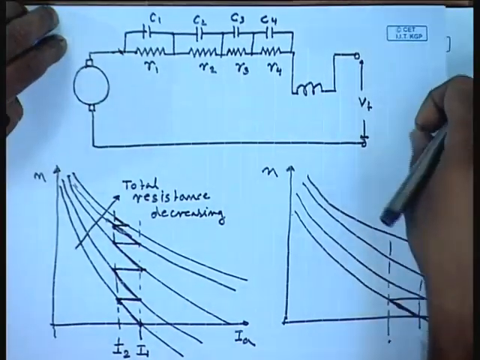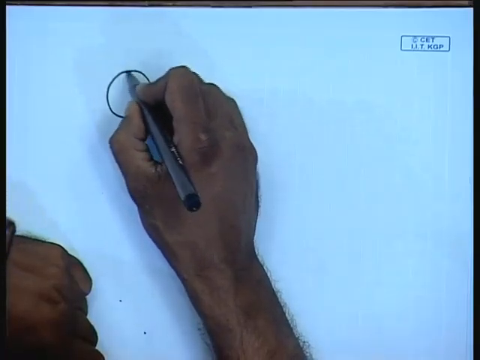How do we calculate these resistances then? In case of a DC series motor, for that just define certain values.